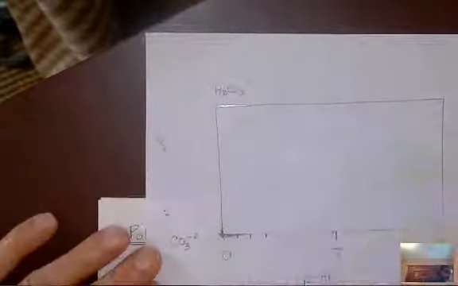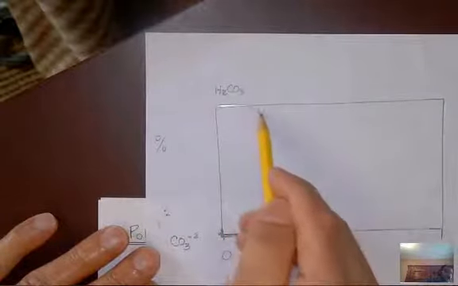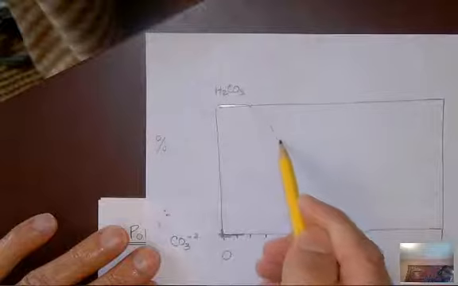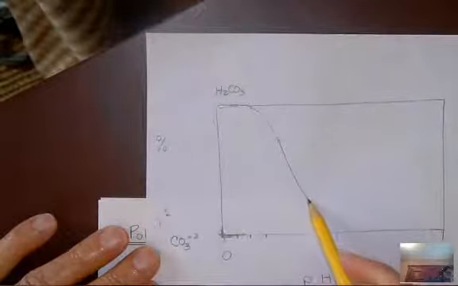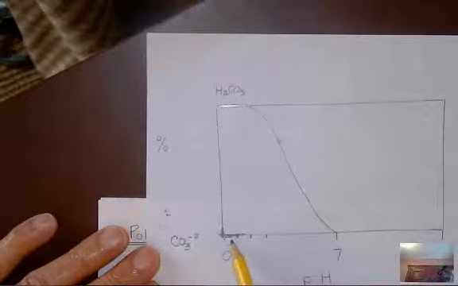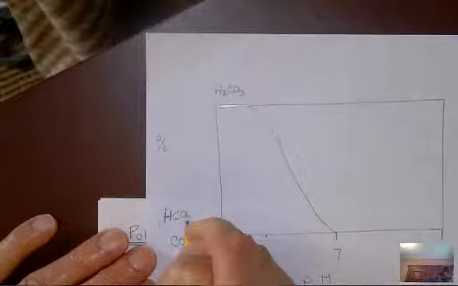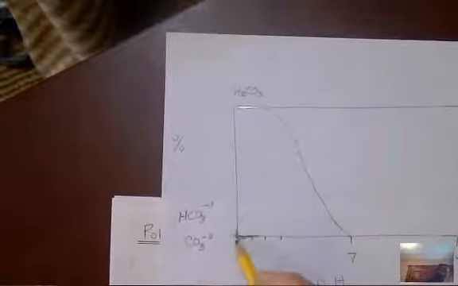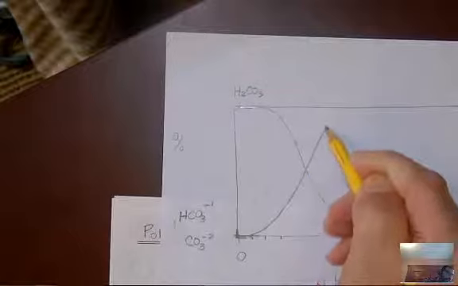But what's going to happen is as I start to approach pH 7, this one is going to drop down, and the HCO3 minus is going to start to become the predominant species.